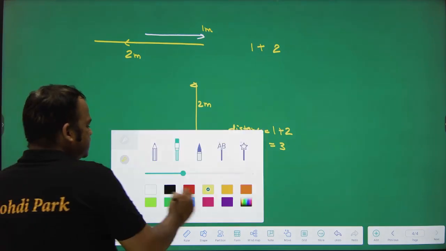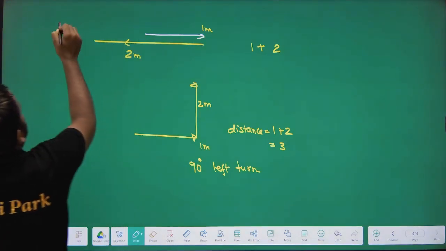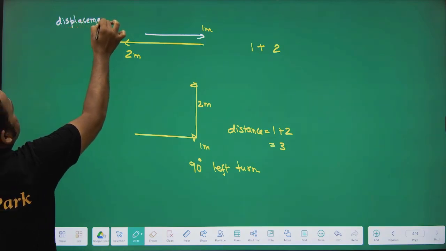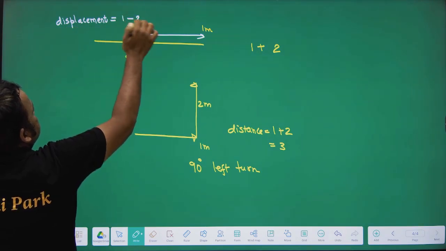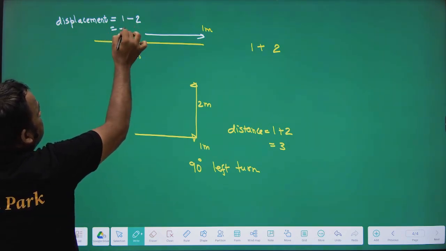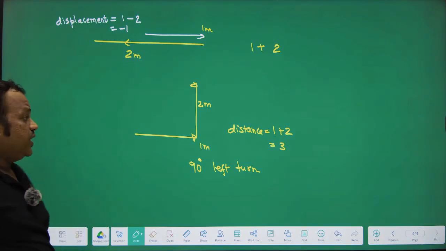And of course displacement also we can find. In the U-turn example, for displacement we have to consider direction. So first displacement is 1, second displacement is minus 2, so net displacement is minus 1.